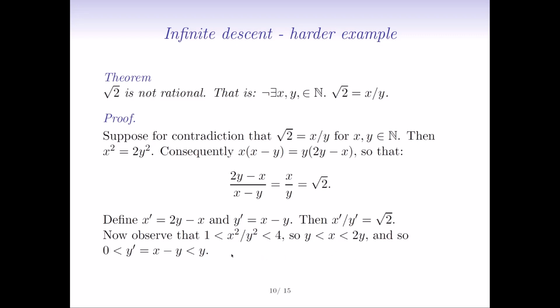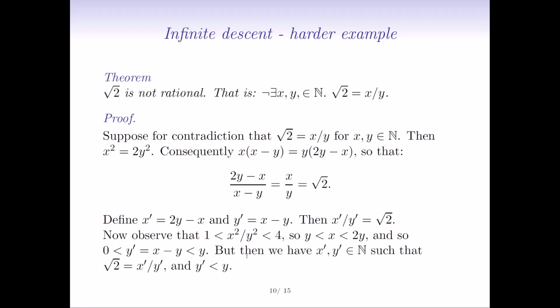And that means that if I take y away from all elements of this inequality, then this one becomes 0, this one becomes x minus y, and this one becomes y. So we have that x minus y is in between 0 and y. In other words, y prime is between 0 and y.